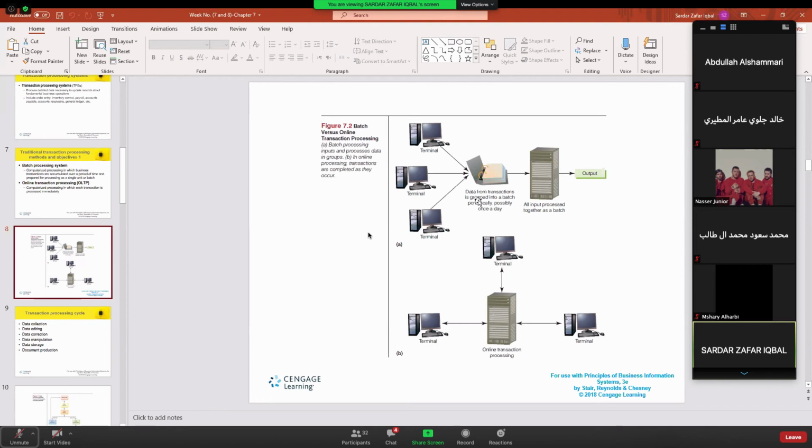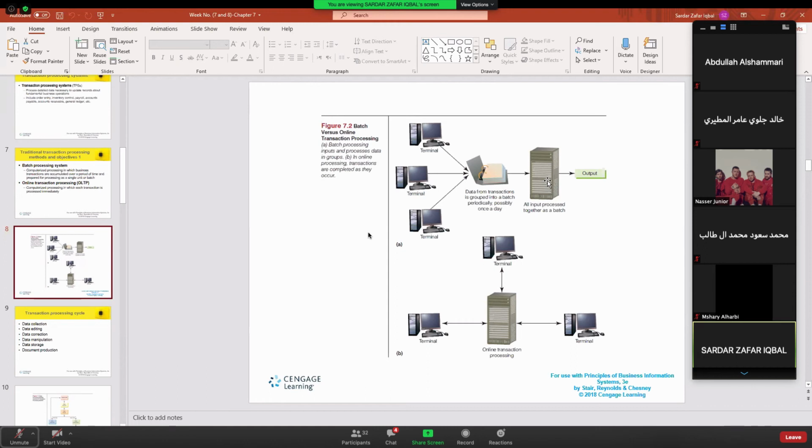On a daily basis the products are sold, and the things are automatically saved there, and all input is processed together as a batch. So once they collect the data, all information will be transferred to be saved in a storage area, maybe after 1 day, after 2 days, after 1 week, after 1 month, in batch.